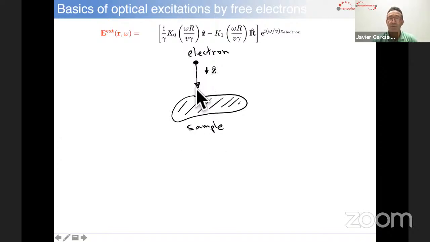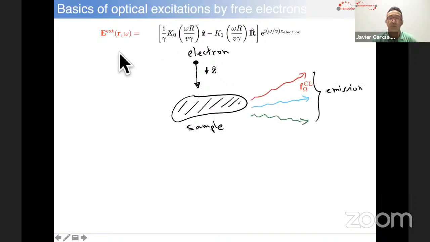So you have an electron that supplies a certain external field, again resolved in frequency, and this will produce a scattering of this field in the far field. That's, for example, emission in the case of cathodoluminescence. In principle, at different frequencies, so each of the frequency dependence is contained here, right?